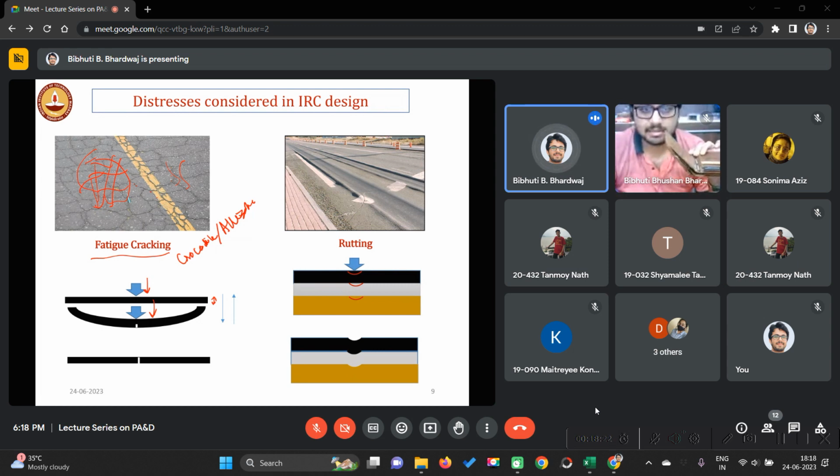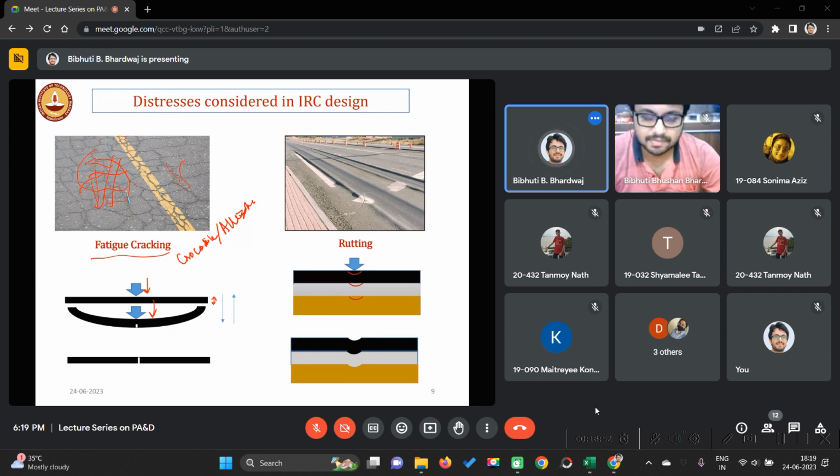The literal meaning of fatigue is, who will tell me what is the literal meaning of fatigue? What does fatigue mean? Anyone? Fatigue means tired.